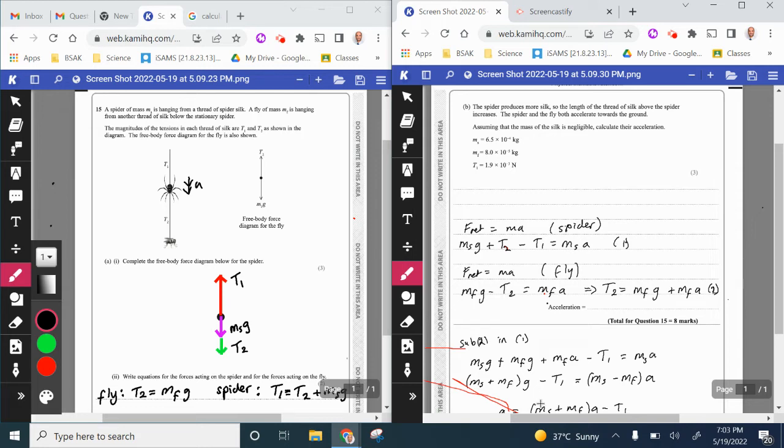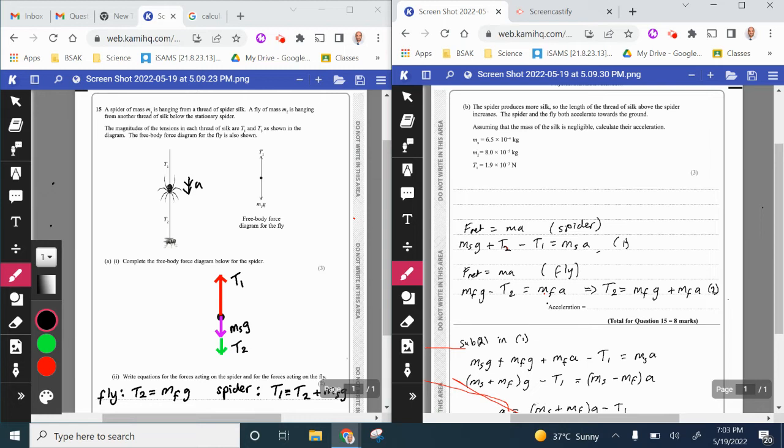Now, in this question, we have been given the mass of the spider and tension T1. So in this expression, T2 is unknown, and the acceleration is unknown. We do not know T2, and nor do we know the acceleration.